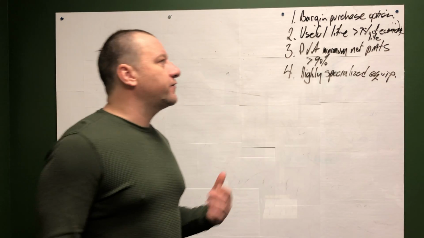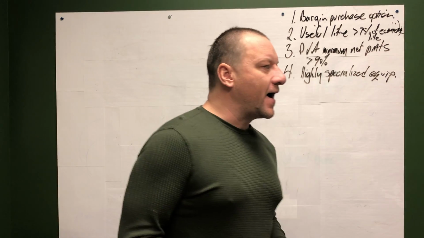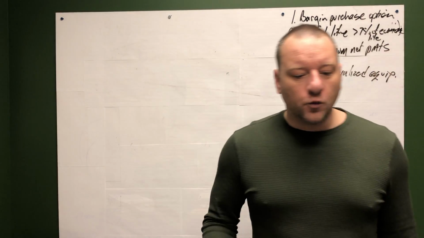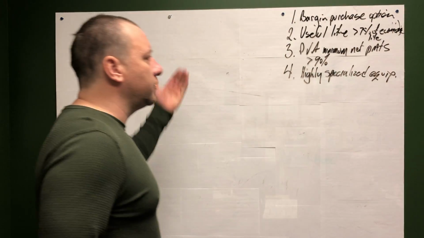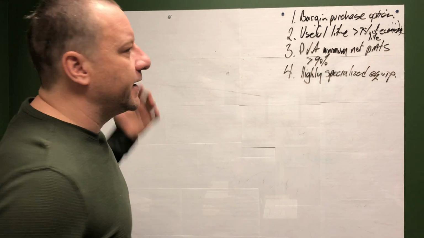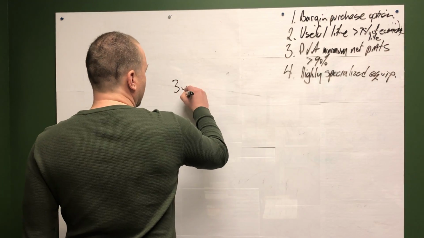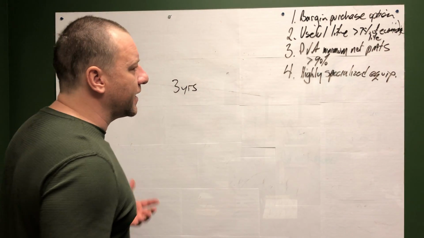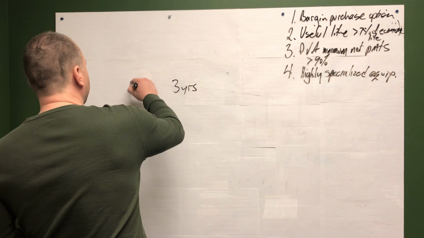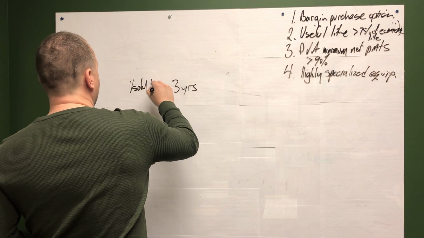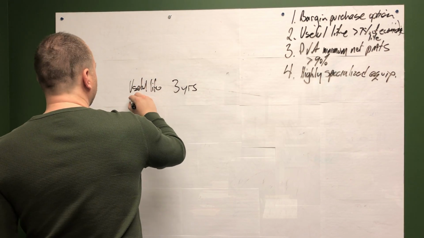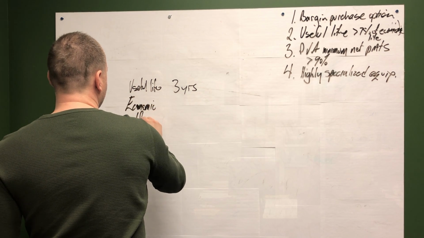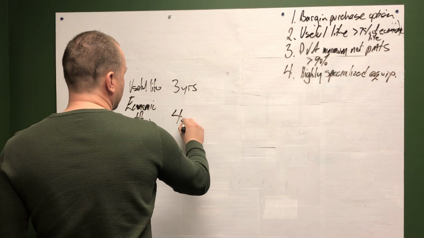The economic life is how long that asset can reasonably be expected to be used in the field. So we might say our useful life, we're going to use this asset for, I don't know, 3 years, but the economic life, maybe 4 years.